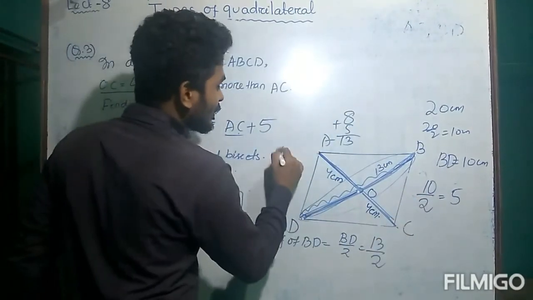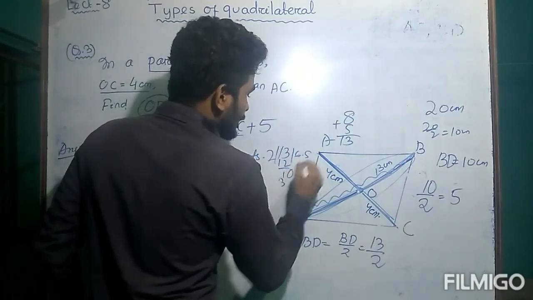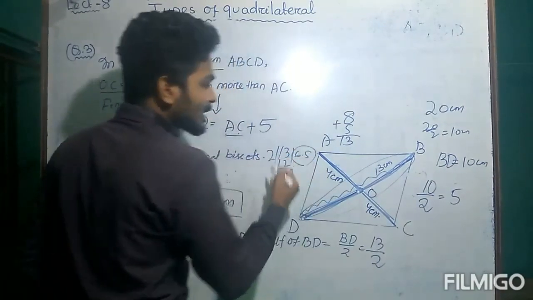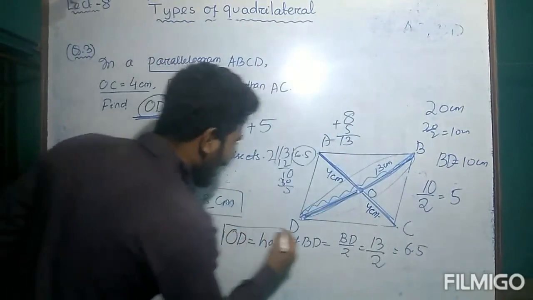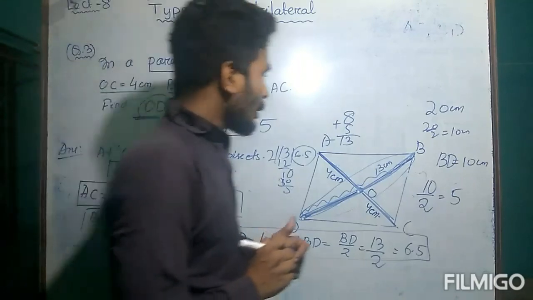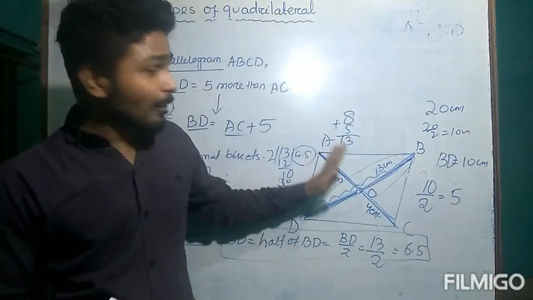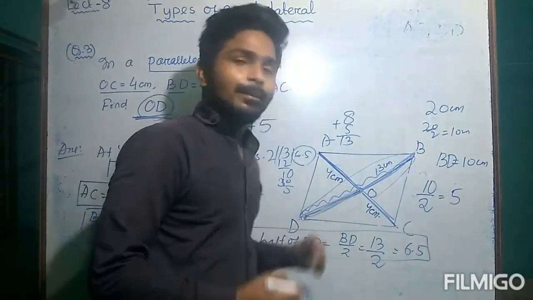Now divide 13 by 2. You find 6.5. So this is the length of OD. By using the properties of parallelogram, you can find the unknown value OD.